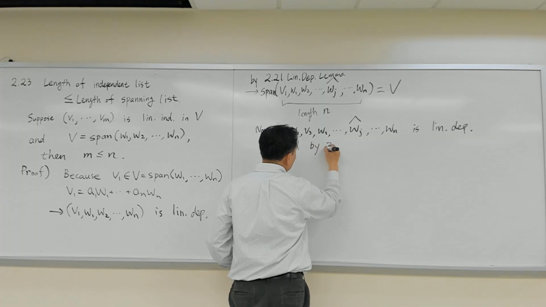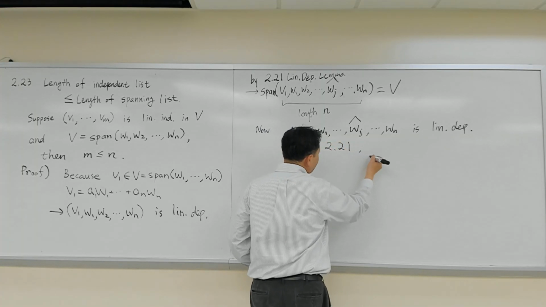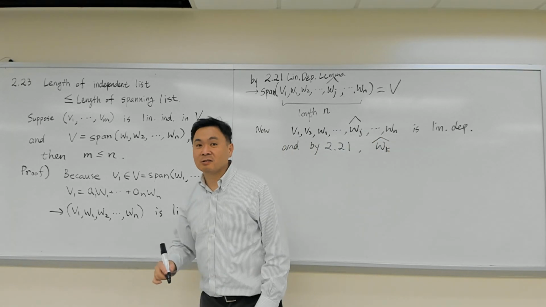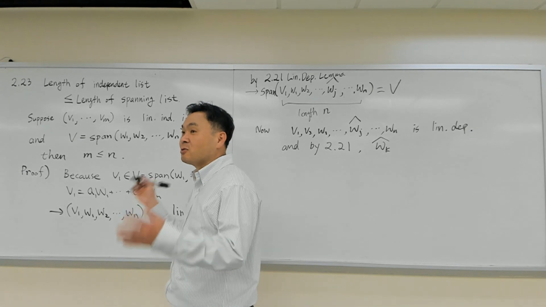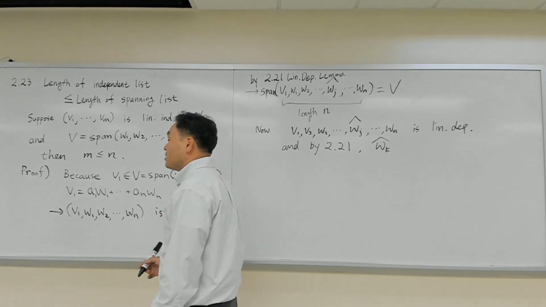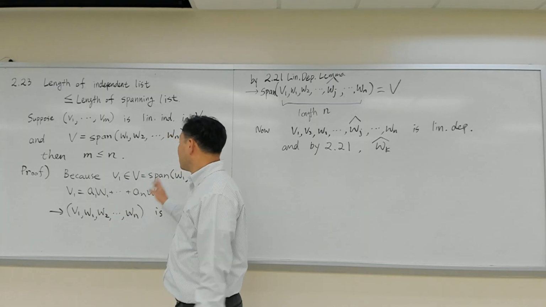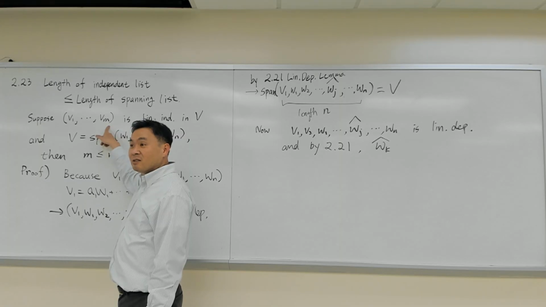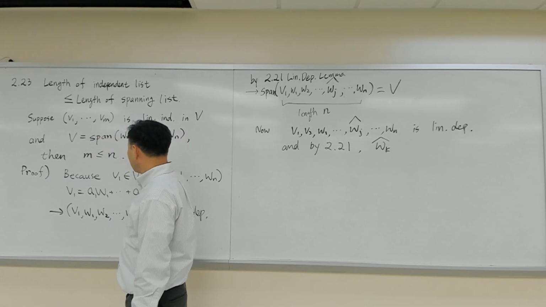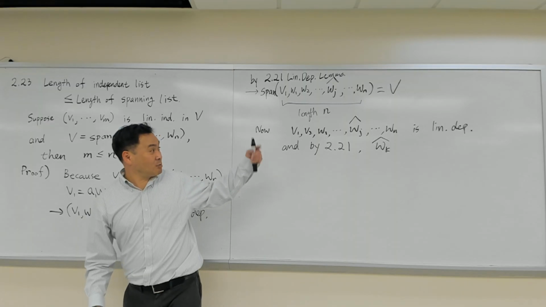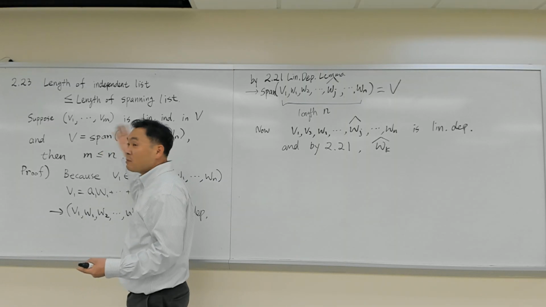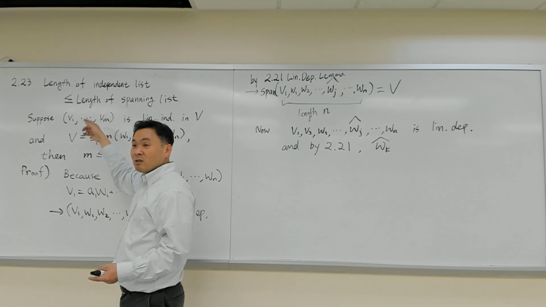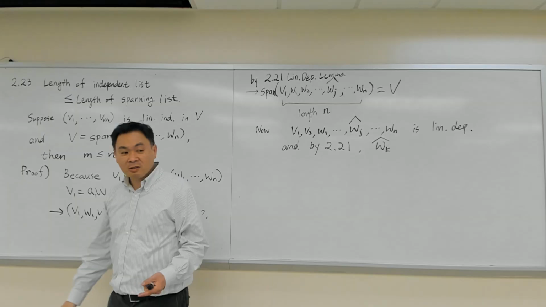By 2.21 again, there's a Wk that's taken out and still gives you the same spanning set. Because that can be done until you run out of all the V's, since there's nothing in this algorithm that prohibits you from taking an element and attaching it and taking something out, this can be done indefinitely.